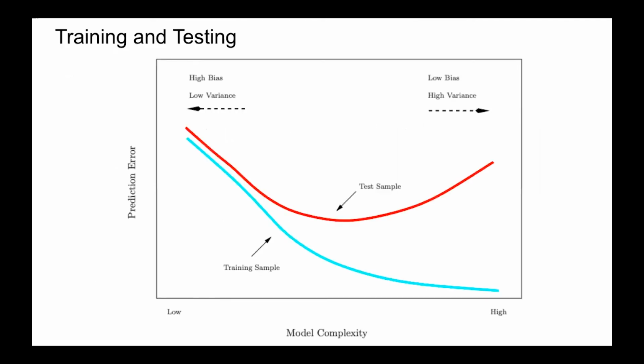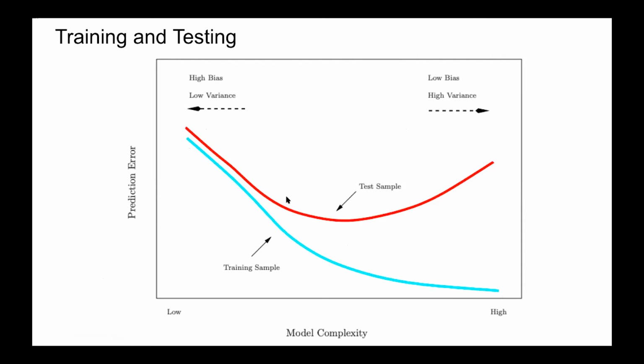This is a graph about training and testing data, showing how the prediction error changes as you change the complexity of the model. The blue line shows the training sample prediction error decreasing as you increase the complexity of the model.